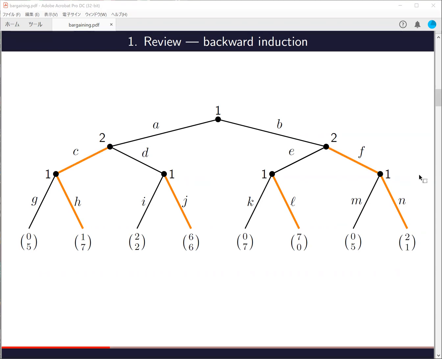The best responses of player 2 are given by the orange lines. Finally, player 1 decides what to do given the best response of player 2 and the best responses of player 1 at the terminal nodes. This completes the derivation of the subgame perfect equilibrium, and the subgame perfect equilibrium is given by the pair of strategies shown here.